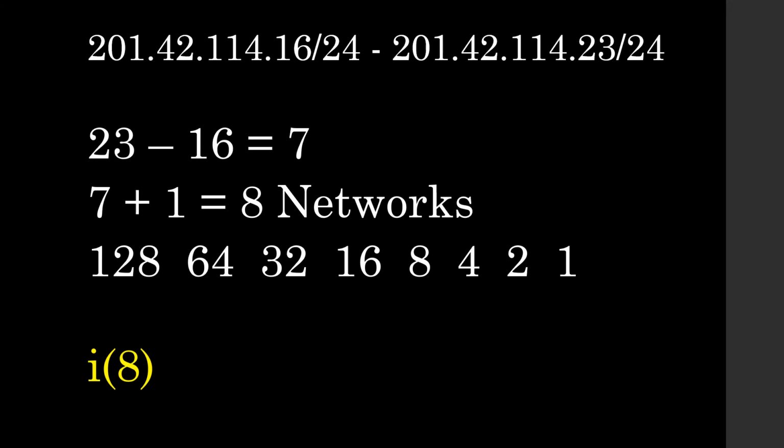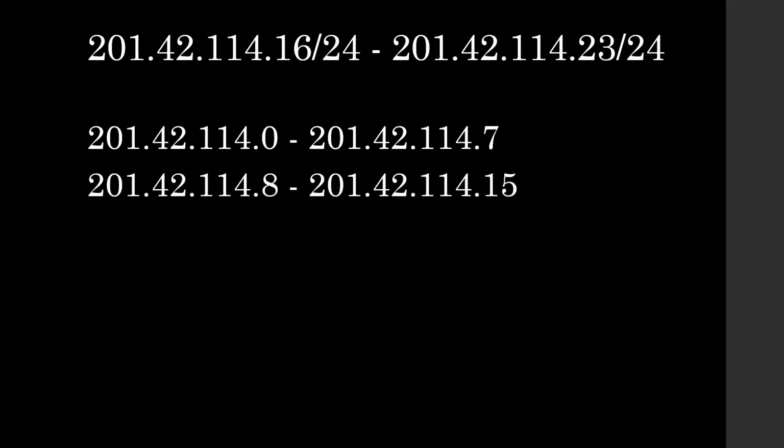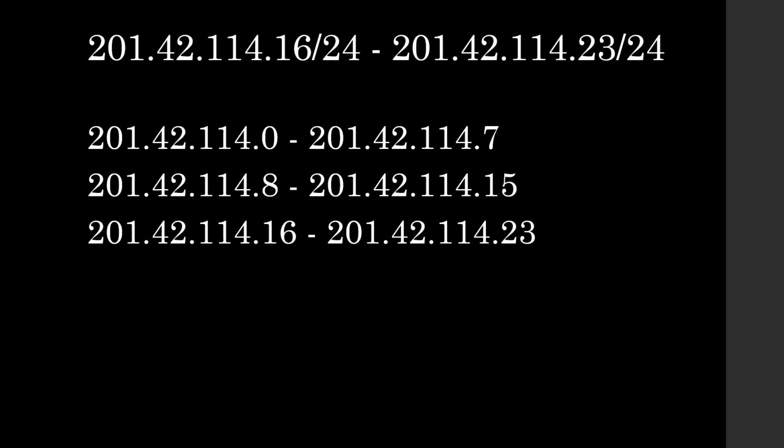So the increment is obviously 8. Now we have to get the ranges. Our first range is from 0 to 7, our second range is from 8 to 15, and our third range is from 16 to 23.